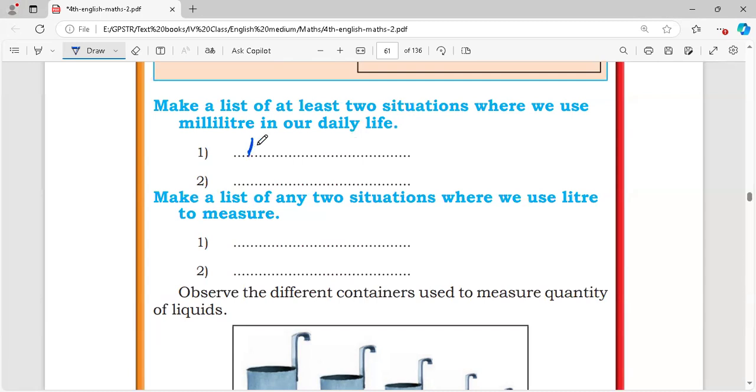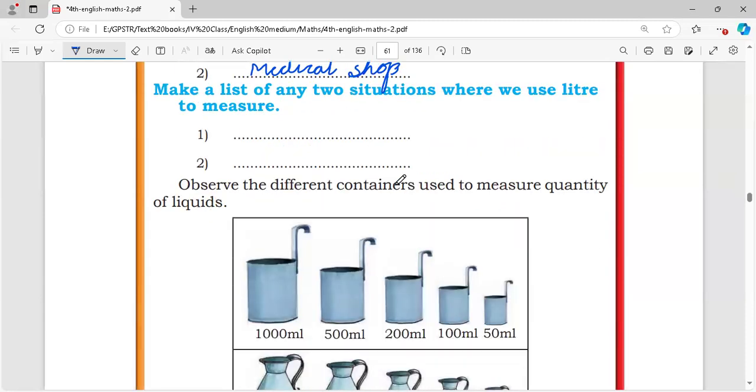In hospital, we use milliliter. In medical shop also.